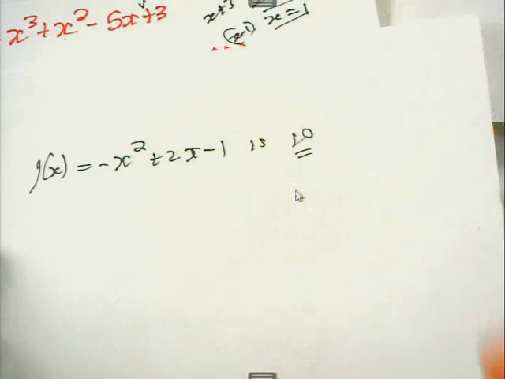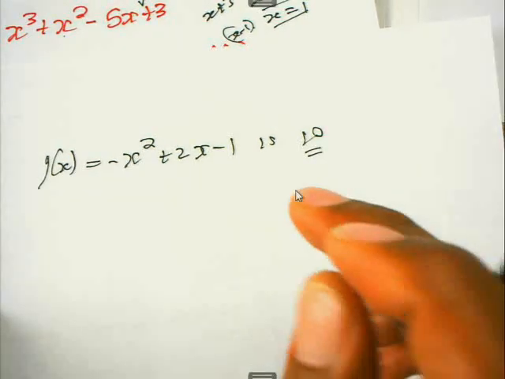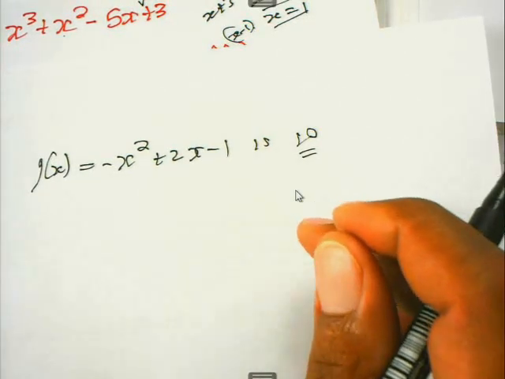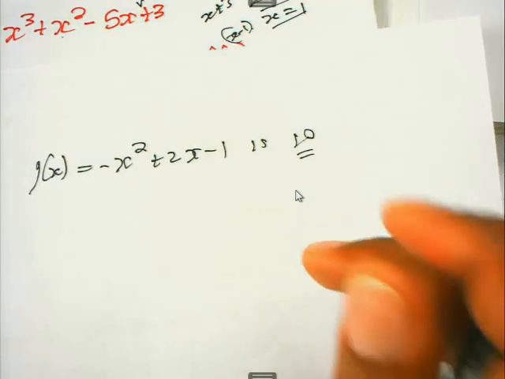Now, like I said, what's important is you must understand, when you talk of the gradient, what is it that we are referring to? We are referring to the derivative. Of course, the function is given. We don't have the value of x. You remember, even though we didn't look at the tangent today, that when you determine the gradient of the tangent line, what is it that you need to do?